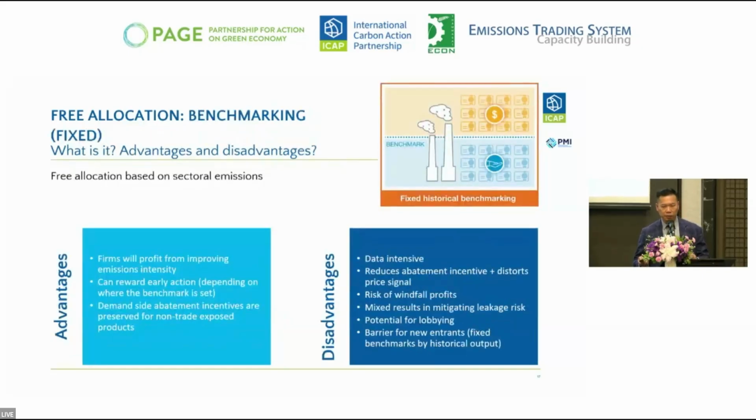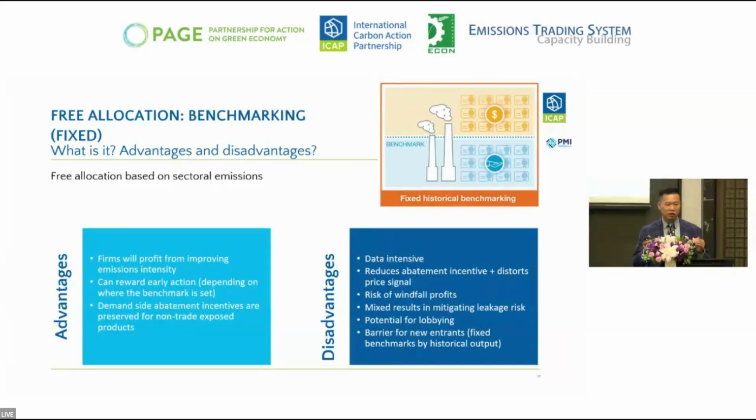So another, maybe better, way to do free allocation is to use a benchmark with fixed historical output. It is also based on historical data, but historical production data, and then times the benchmark.